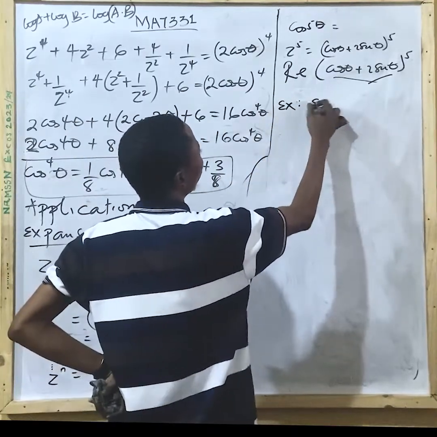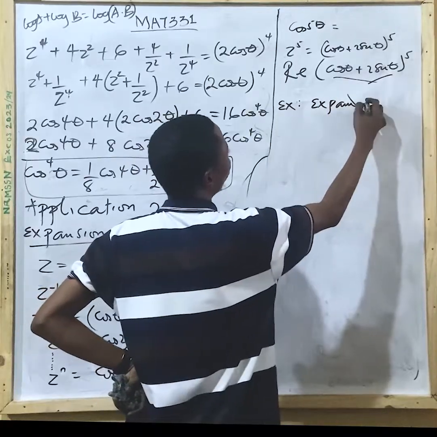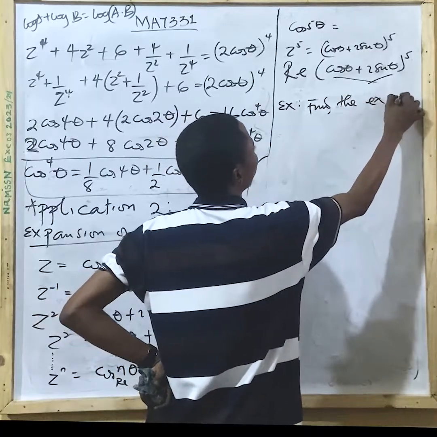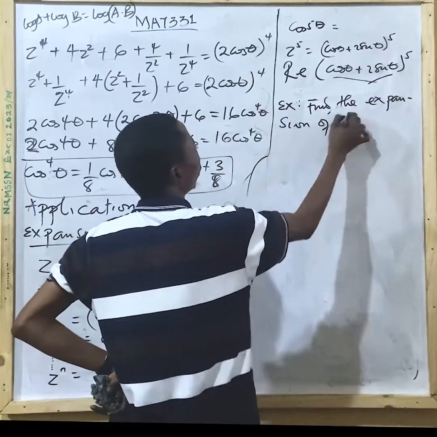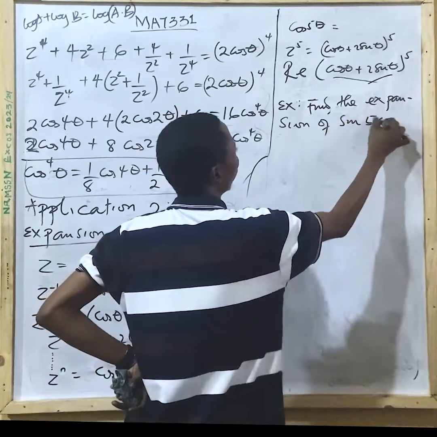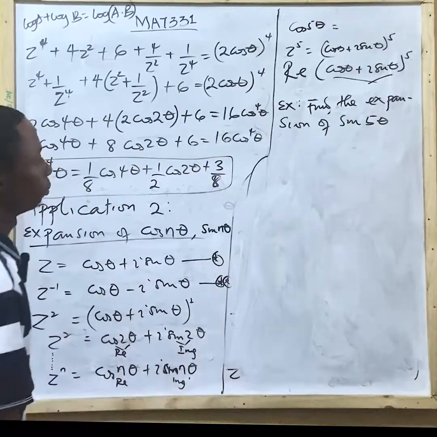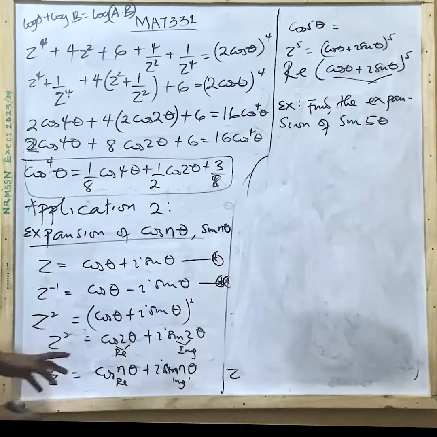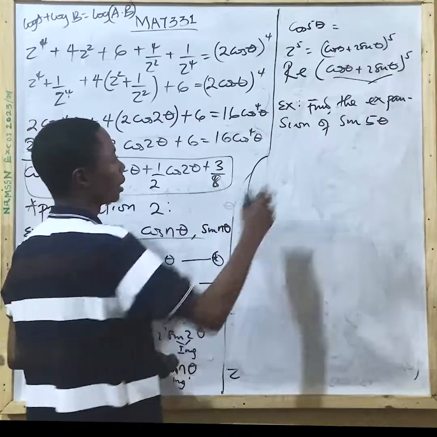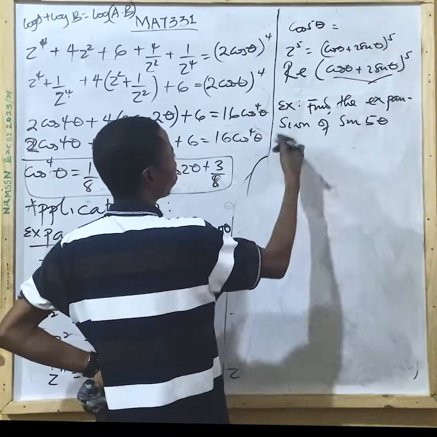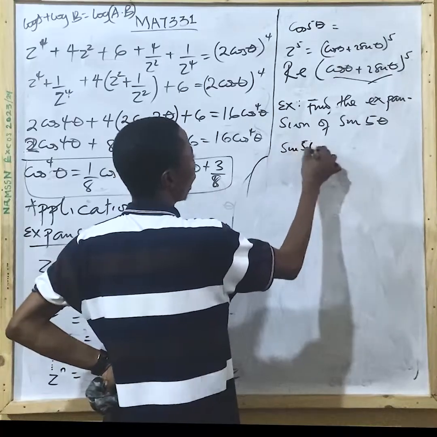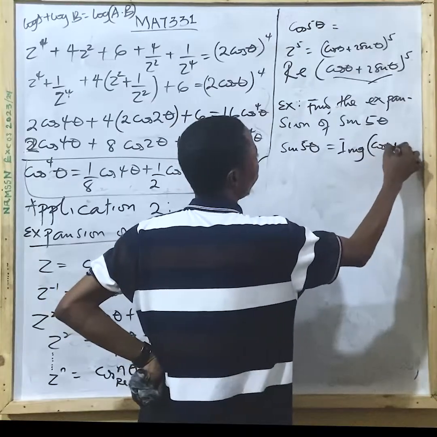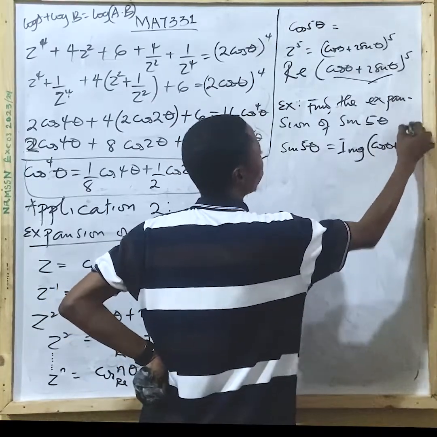So let's take, for example, the expansion of sin 5 theta, not sin raised to power 5 theta, sin 5 theta. So we know that sine is the imaginary part. So sin 5 theta is the imaginary part of the expansion of cos theta plus i sin theta all raised to power 5.